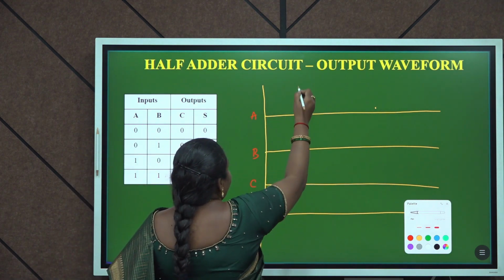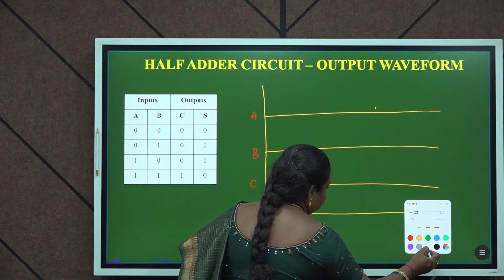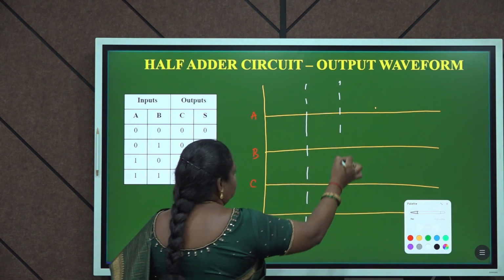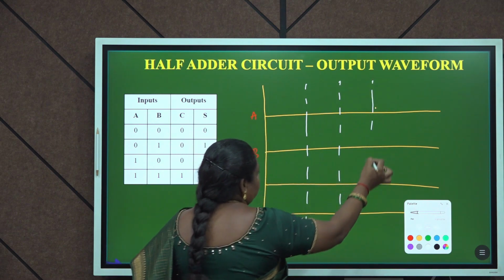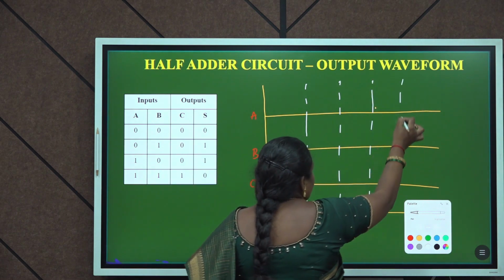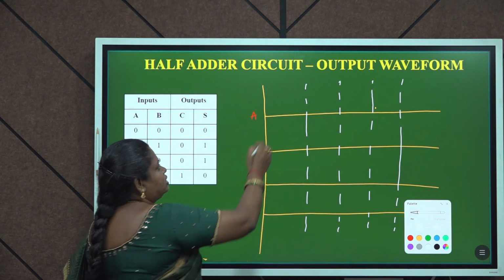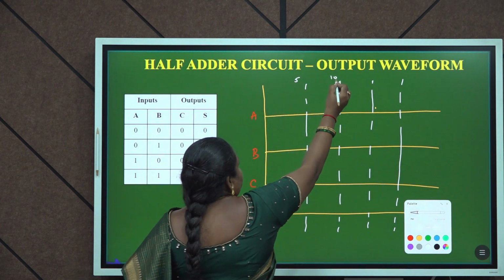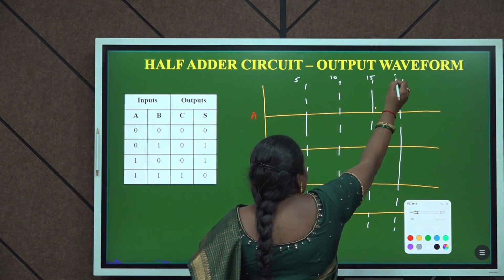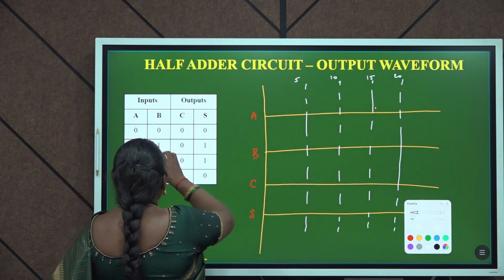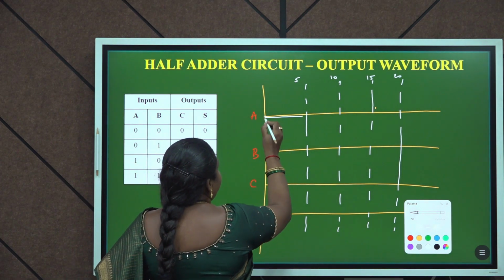I have to take it for a period of 5 nanoseconds. This is 10 nanoseconds, this is 15 and this is 20, because I have given a delay of 5 nanoseconds. For the initial 5 nanoseconds, the first input will be taken into account.